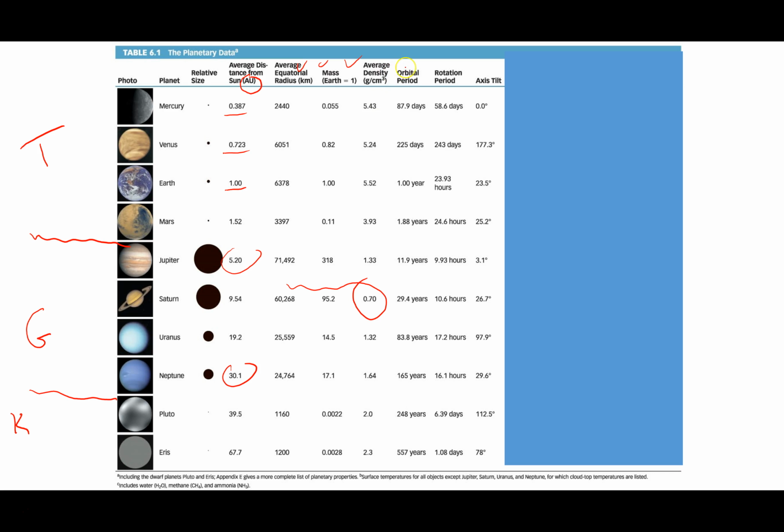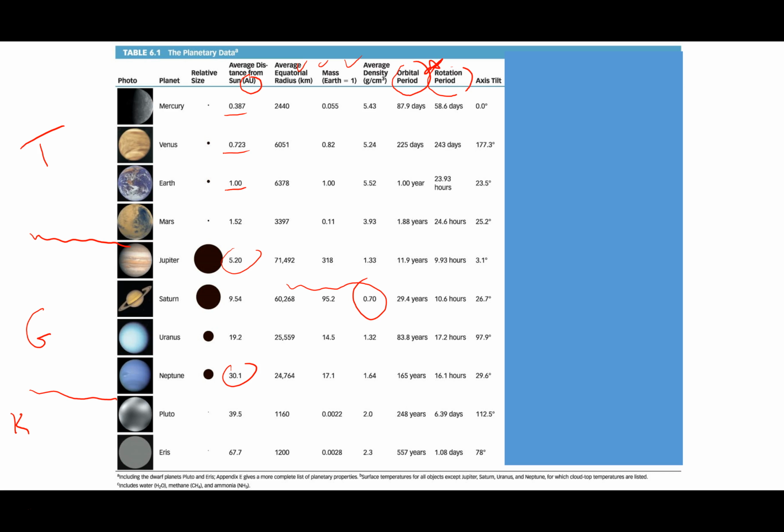This one, the orbital period, that's how long it takes to orbit the sun, and this is how long it takes to spin on its axis. So did you guys have a question like this? Can you read up here which one spins on its axis the slowest? So that's this column right here, rotational period. Which one spins on its axis the slowest?